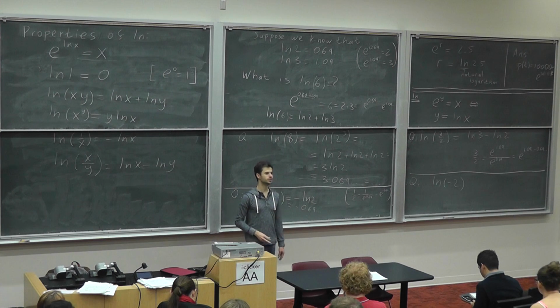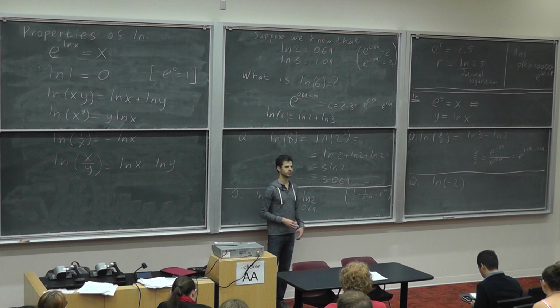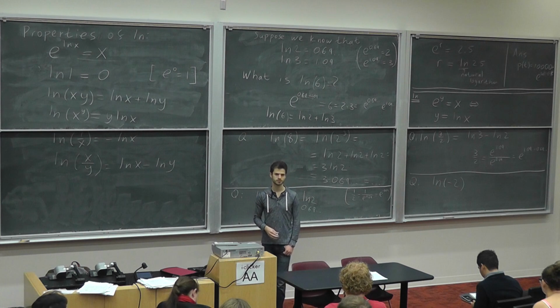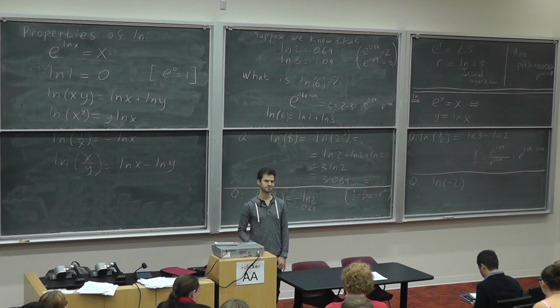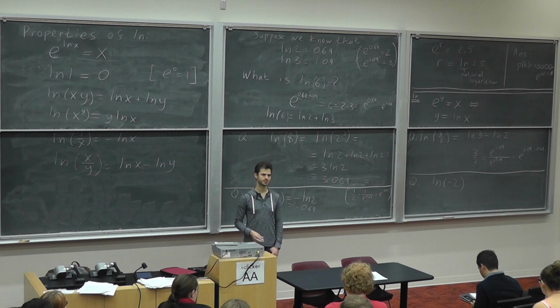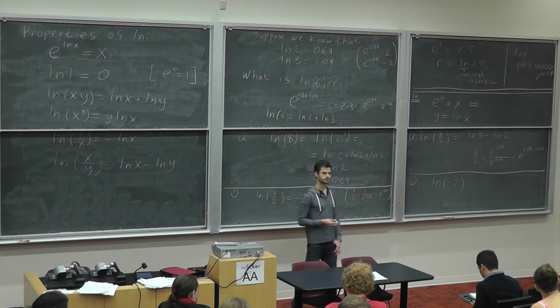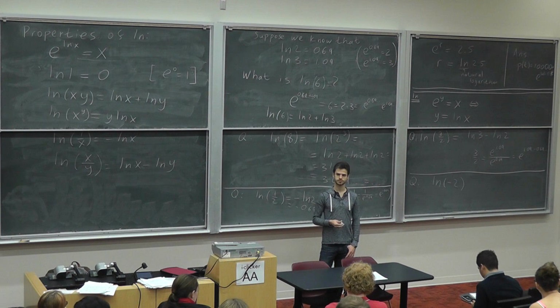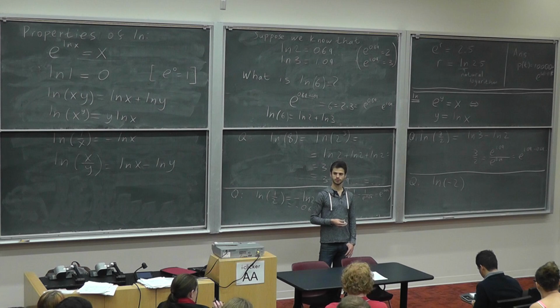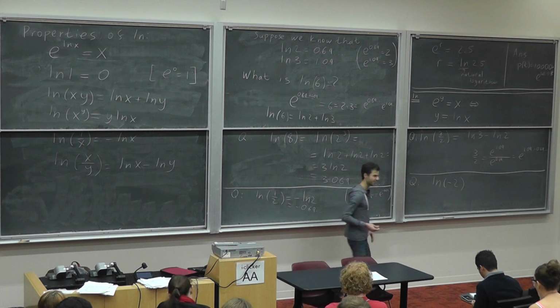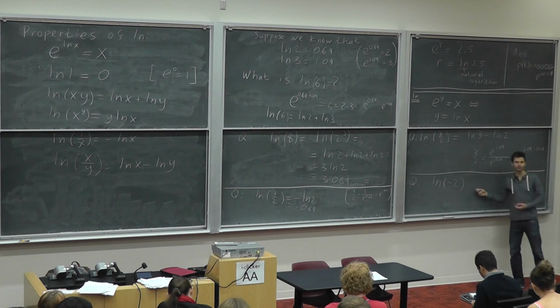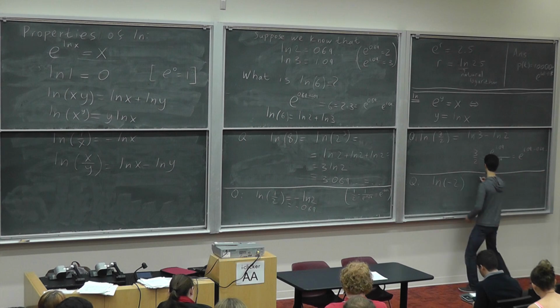How many times should I multiply e by itself to get negative 2? It's a kind of trick question. You can't. That's the right answer. So ln of negative 2 is just not defined.